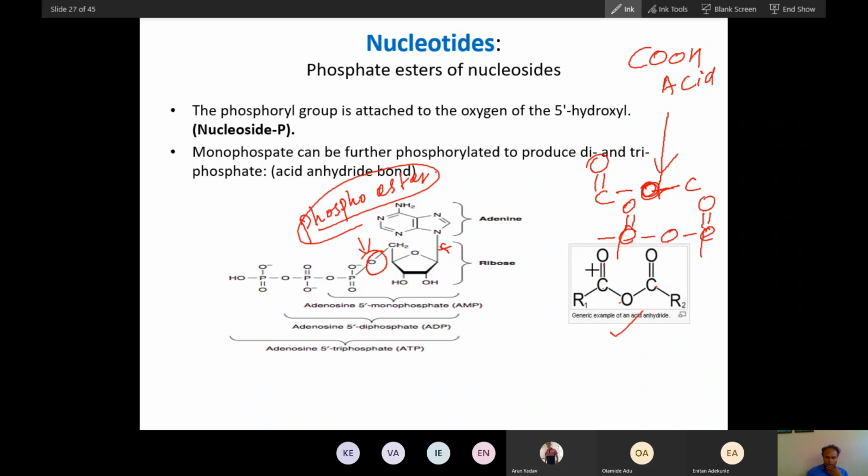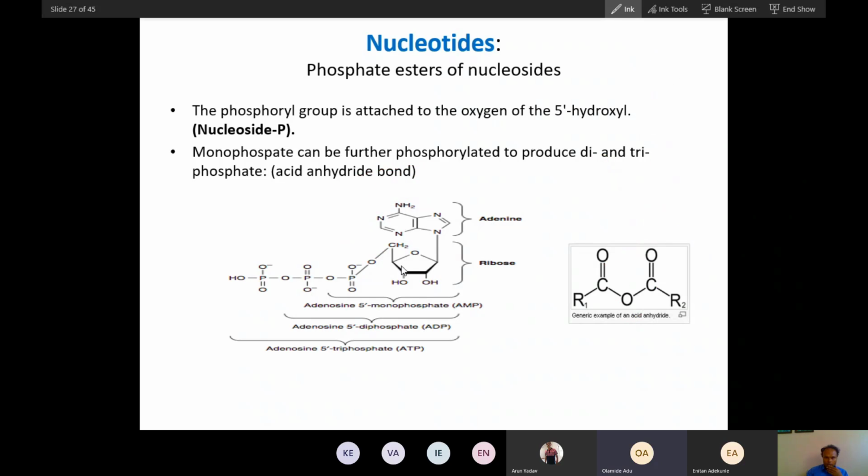In place of carbon I place phosphorus with a double bond, oxygen here, oxygen here. Aren't they similar?